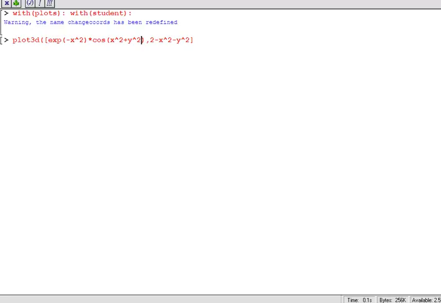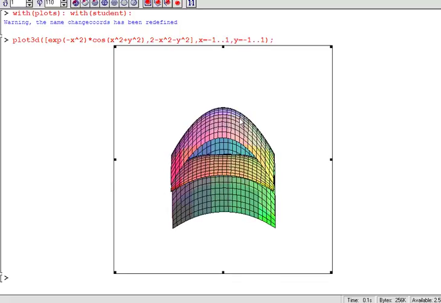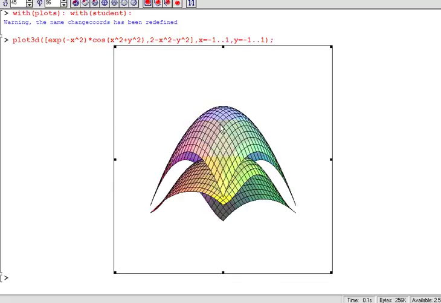So I'm going to plot those two functions, and I'm going to go from -1 to 1 and -1 to 1. Okay, so they're like sitting on top of each other, and you can twist them around and see. You want the space between those two humps.